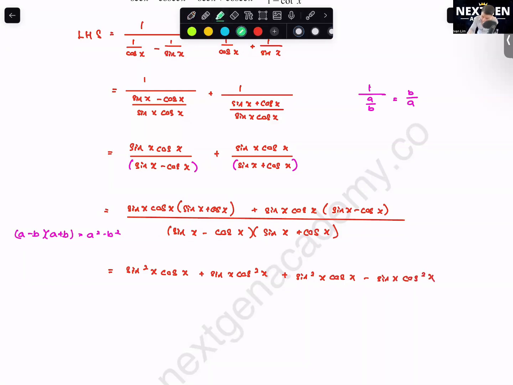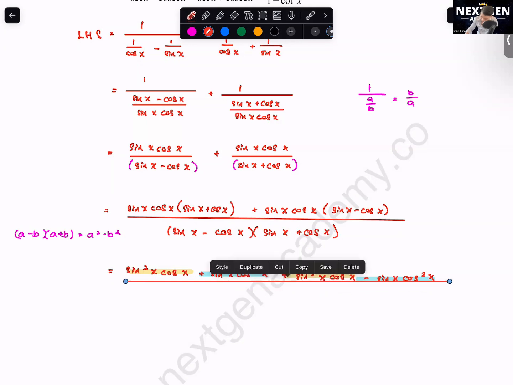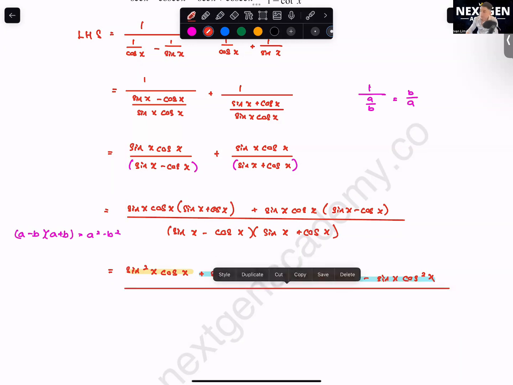You see what the common ones are? Sine square x cos x plus sine square x cos x. This one, sine x cos square x minus sine x cos square x, will cancel off with each other. And then your bottom part here, what will you get? A square minus b square.